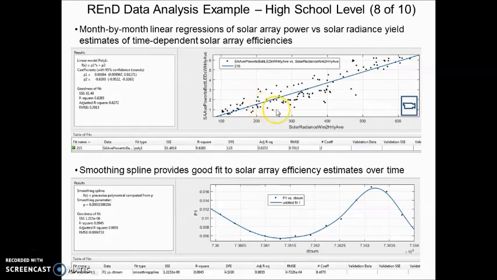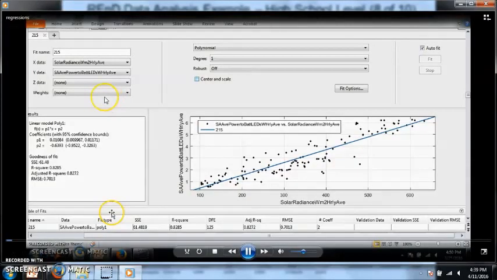So I parsed the data out on a month-by-month basis, and since it appeared that there was a linear trend within each month, I used the MATLAB curve fitting tools to do a linear regression, and this video will quickly go through the data on a month-by-month basis.